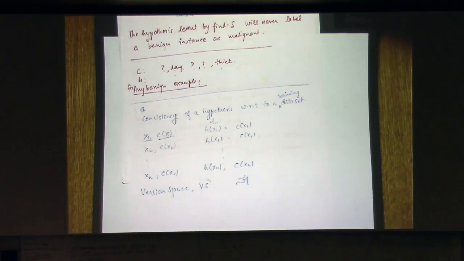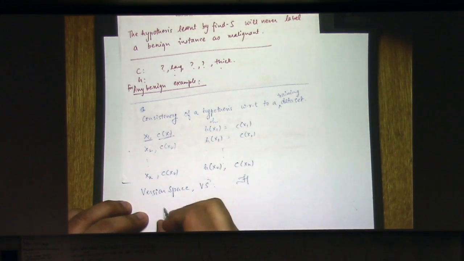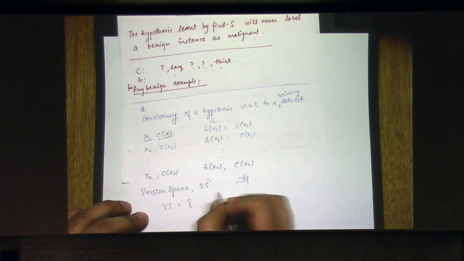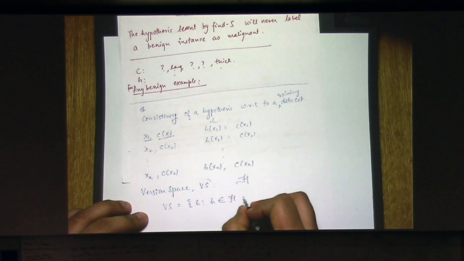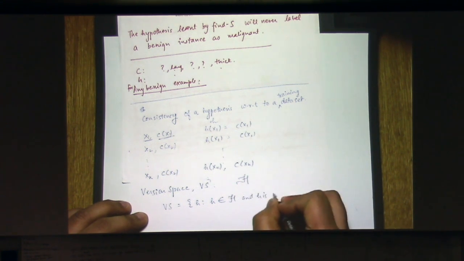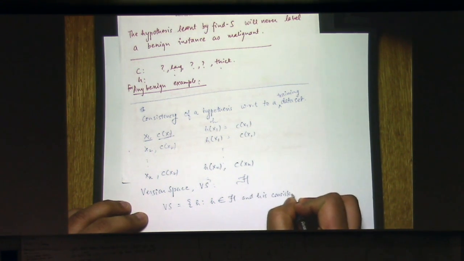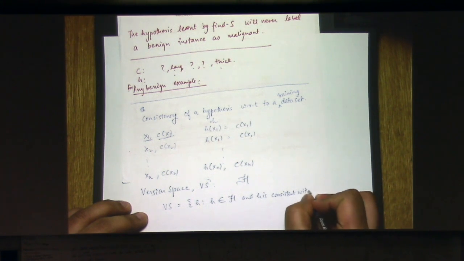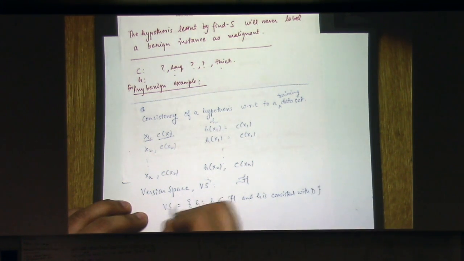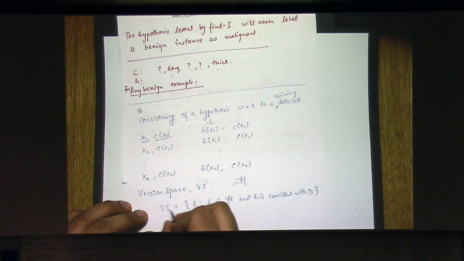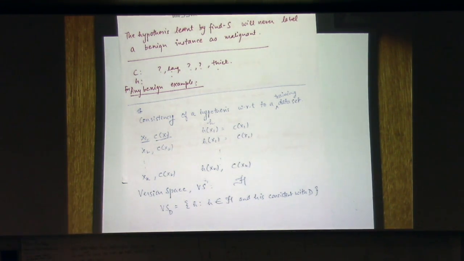So VS is the set of h such that h belongs to H and h is consistent with D, whatever your training data is. So version space is tied to a data set. If I change the data set, the version space will also change.